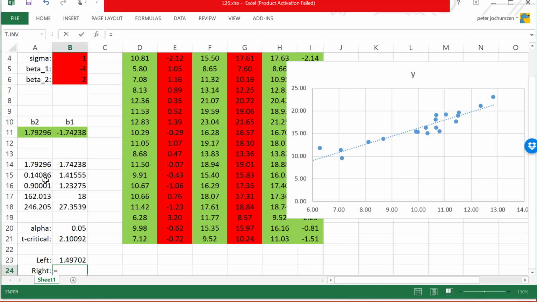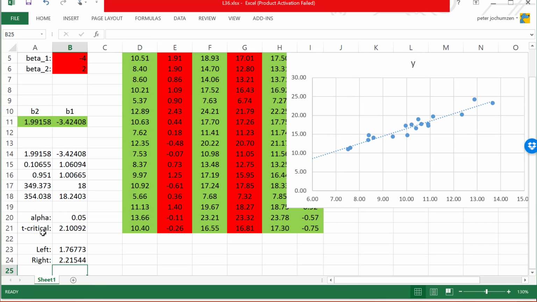So it will be equal to B2 plus the critical value times the standard error. So this is the interval between 1.77 and 2.22. That's the confidence interval. Remember, the true beta 2 in this case is 2, so this time we did catch the true value inside the confidence interval.